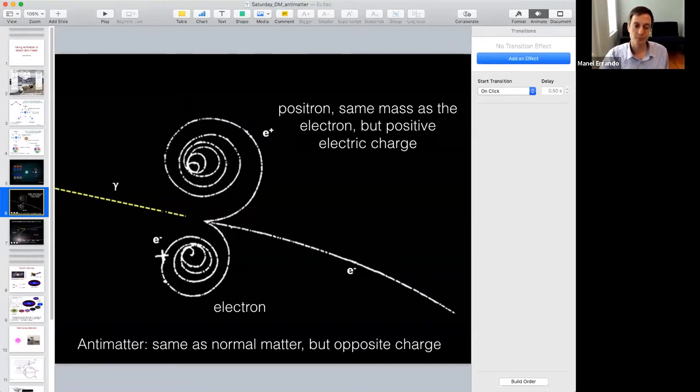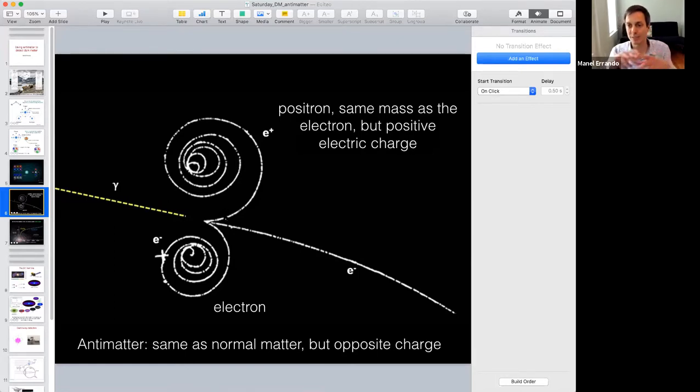If the reaction had been only a photon producing a positron and an electron, they would have to look exactly symmetrical. But here it's basically a three-way collision between a photon, the electron, and the pair of electron and positron.